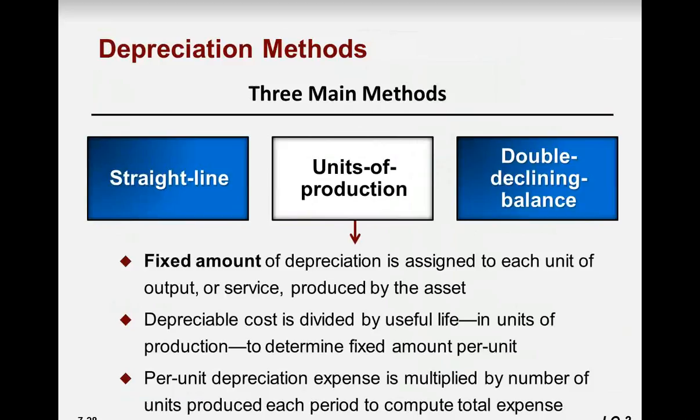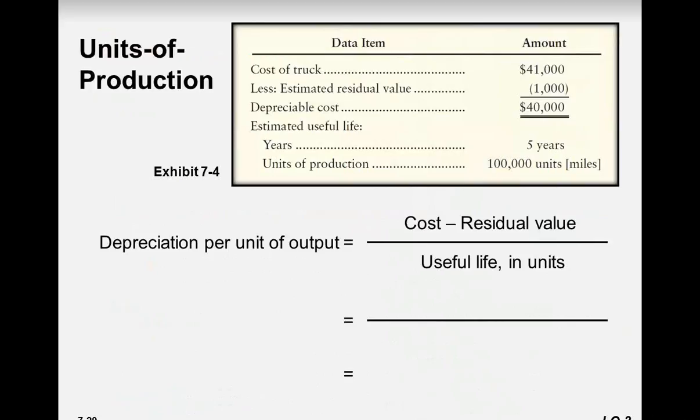Units of production is a fixed amount of depreciation assigned to each unit of output. So we would calculate how much is depreciation per mile or per hour of use of the machine. In this case, we're going to look at a truck again, and we're going to use this truck for 100,000 units, which are miles.